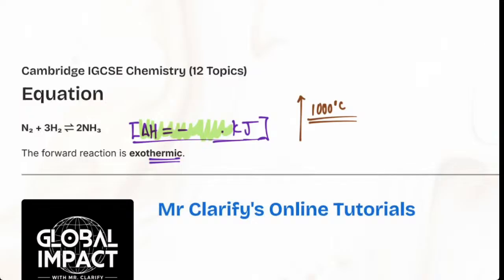Talk to me. Mazita, what happens here? We increase temperature. What do you expect the equilibrium to do? Chemists, come on now. Mazita?